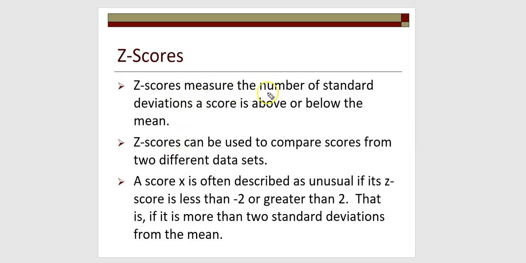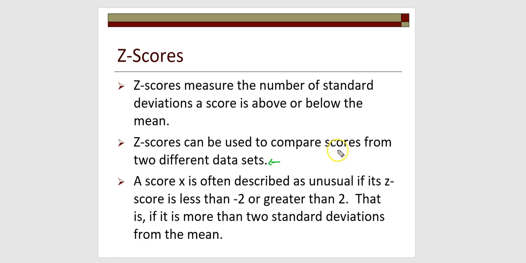So z-scores, as we said, measure the number of standard deviations a score is above or below the mean. And they can be used to compare scores from two different data sets. That's one way to use z-scores. As we'll see in the next example, let's say we have two different classes, an English class and a math class, and we have test scores from each class.